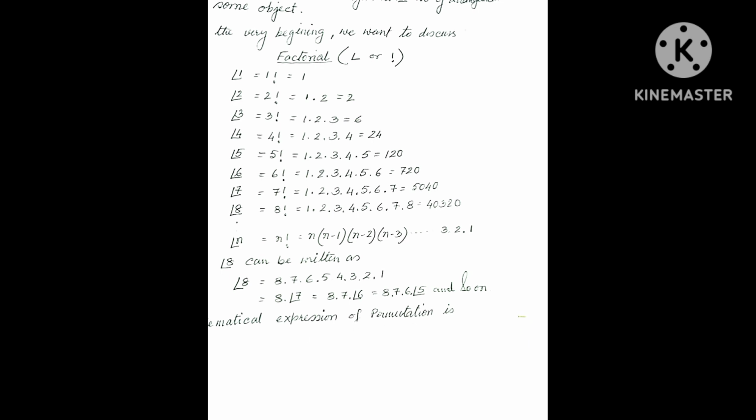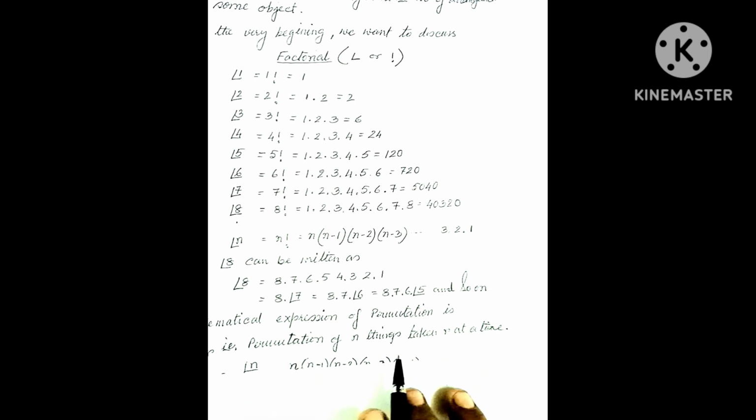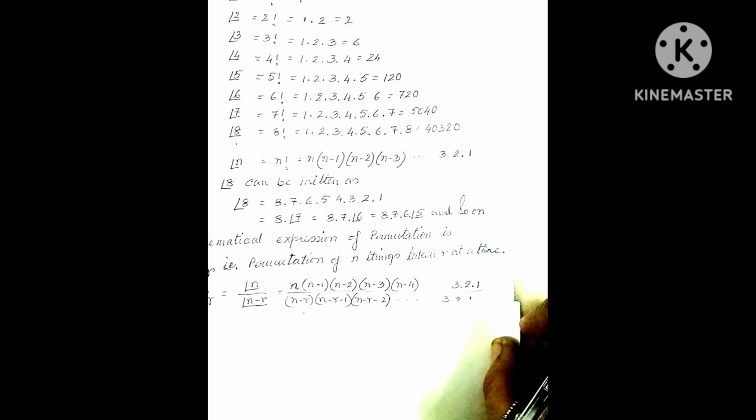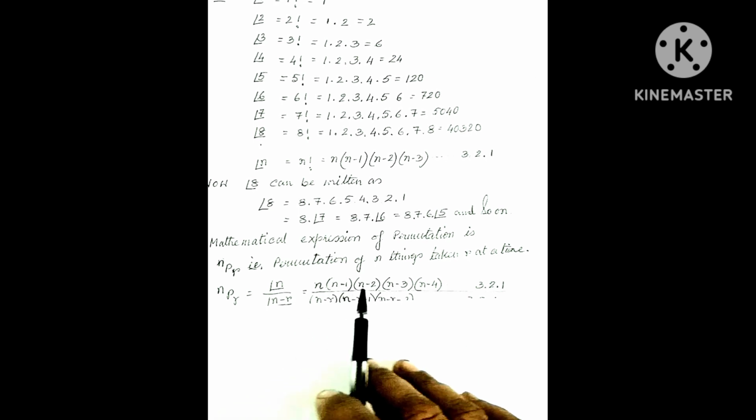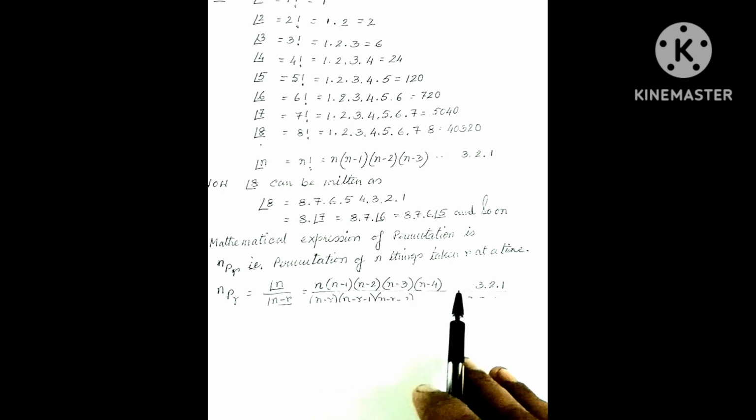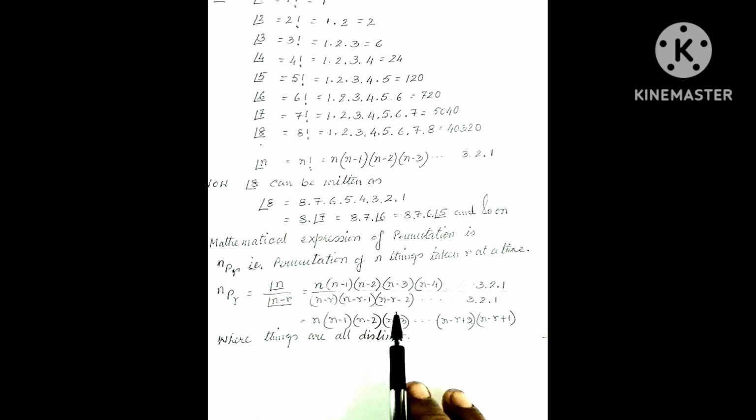So, the mathematical expression of the permutation is nPr, that is, permutation of n things taken r at a time. nPr is equal to factorial n by factorial n minus r, that is n into n minus 1 into n minus 2 into n minus 3 dot up to 3 to 1 by n minus r, n minus r minus 1, n minus r minus 2 dot 3 to 1.